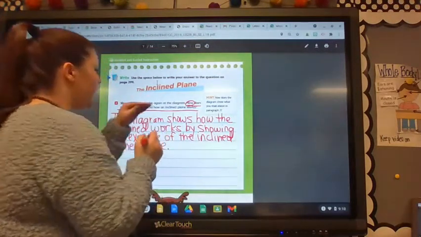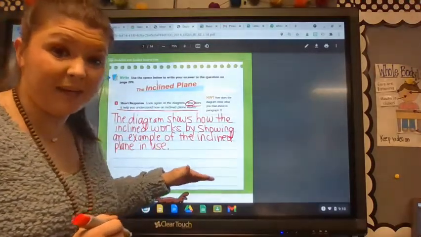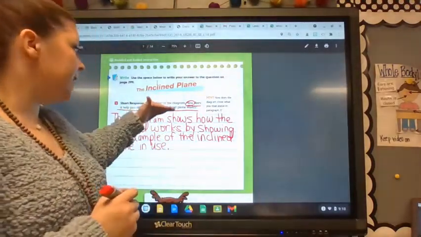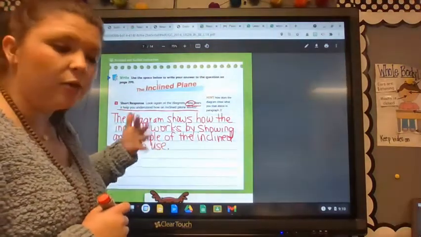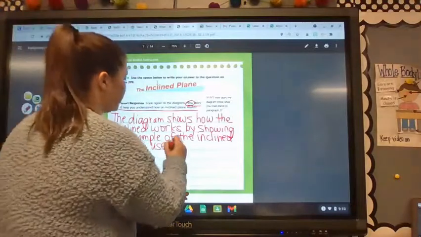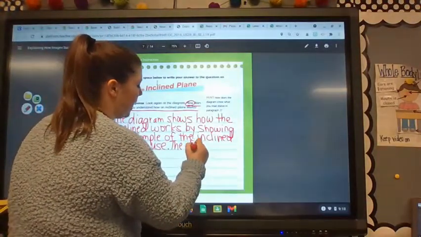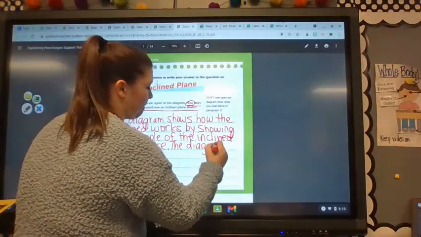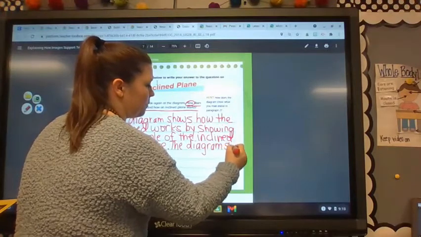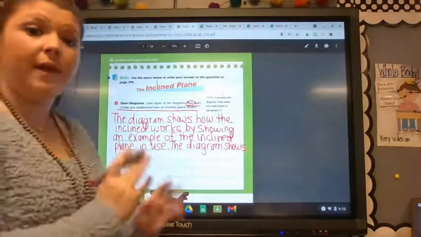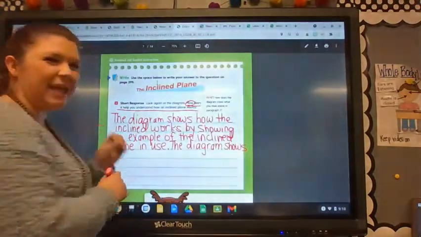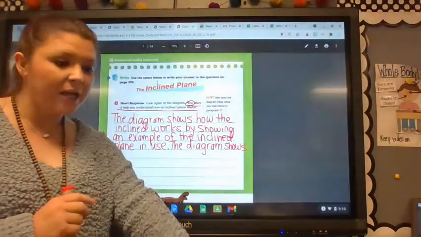Okay, so now we need to show some evidence, some details that explain how this diagram gives an example. So what does the diagram show? It shows a mover pushing the heavy object onto the truck with ease, right? It doesn't look like she's struggling.